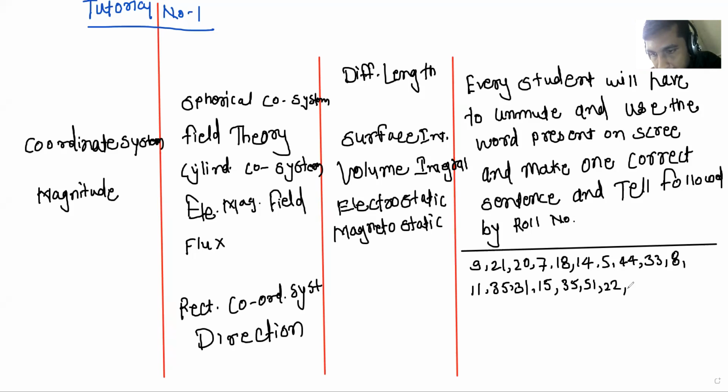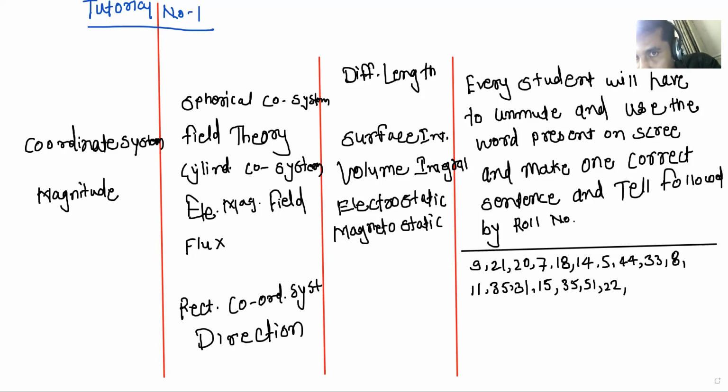Flux, quantity of a charge present in a unit area. Okay, fine, great. Your roll number? 20. You have already answered, no? Yes, sir. So why let others use the word, no? Easy words should be left available so that others can use them.